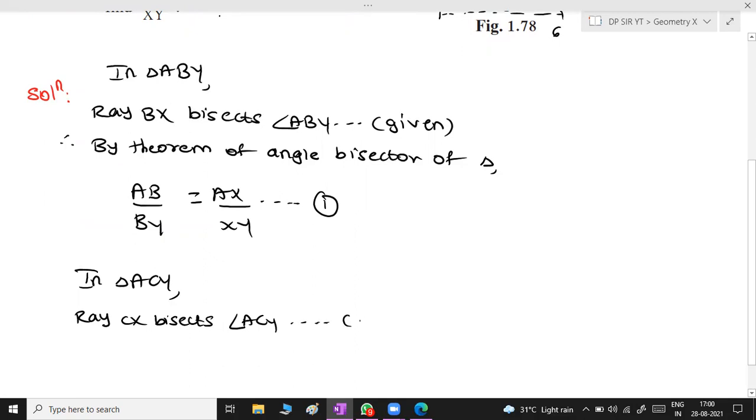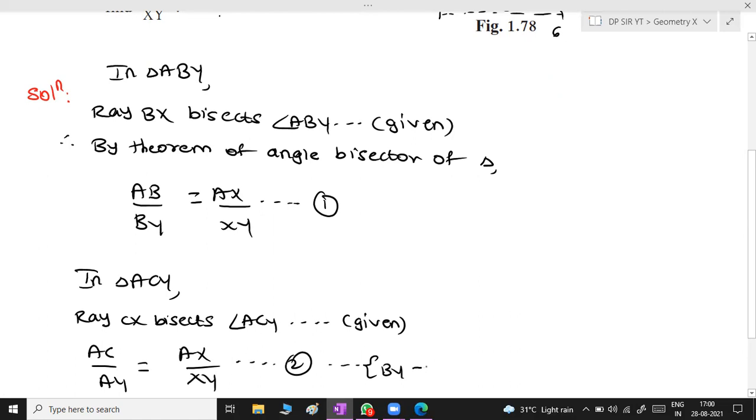Again, this was given. See, I am repeating the same process, so there is nothing new. Then AC upon AY is going to be AX upon XY. This will be my equation number 2 using theorem of angle bisector.